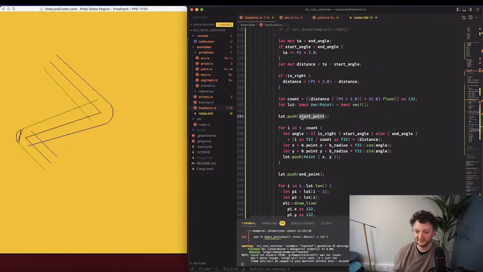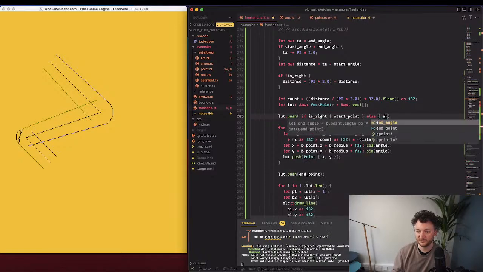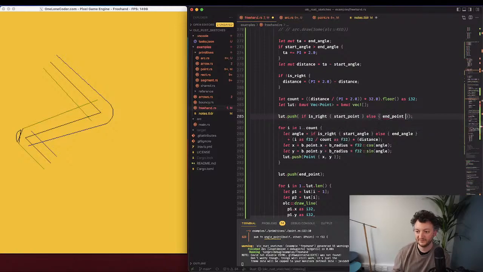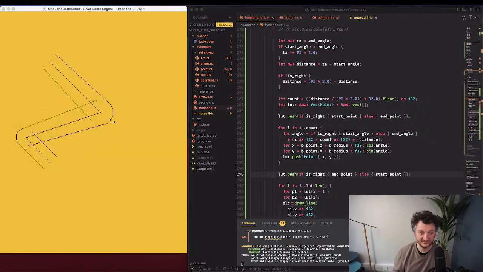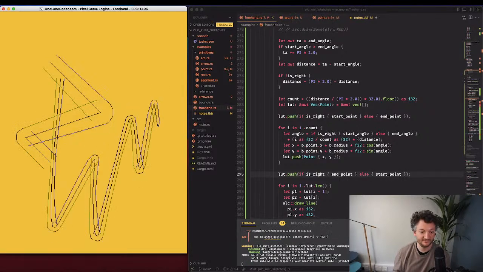It should be starting, if it's right, start point, else endpoint. Endpoint, else start point. Cool. Let me try that. That looks right. Boom.